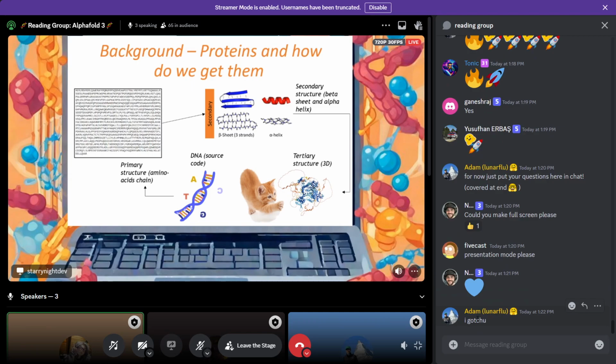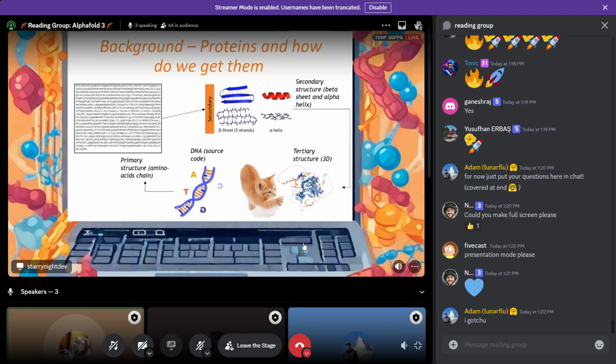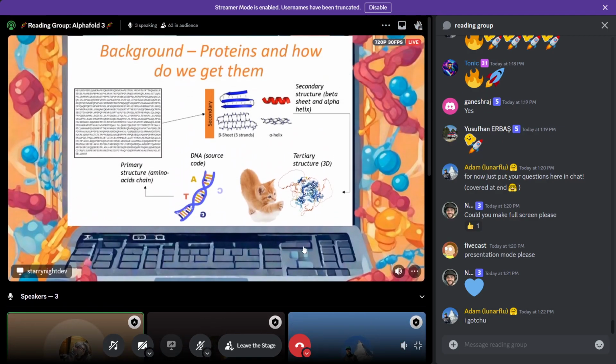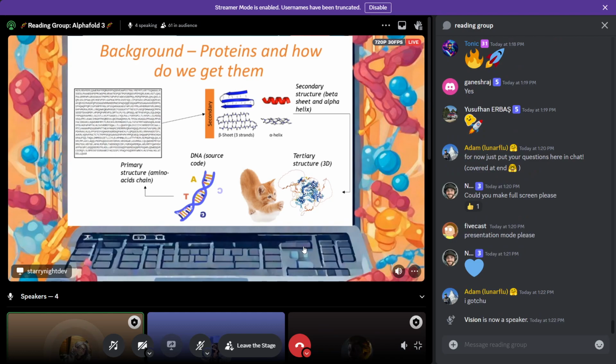From the translation, you get what is called the primary structure, an amino acid chain. This amino acid chain is a linear structure, so you can imagine it as a one-dimensional structure. After that, the protein gets a little bit folded, and you get the secondary structure. As you can see here, we have these beta sheets and alpha helices, which are not that important.